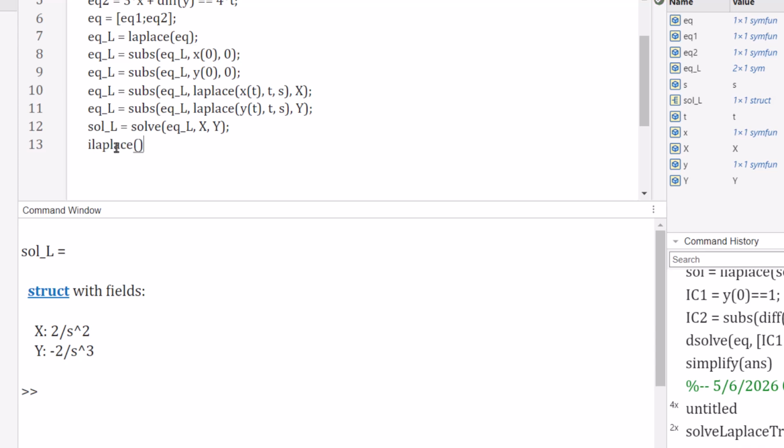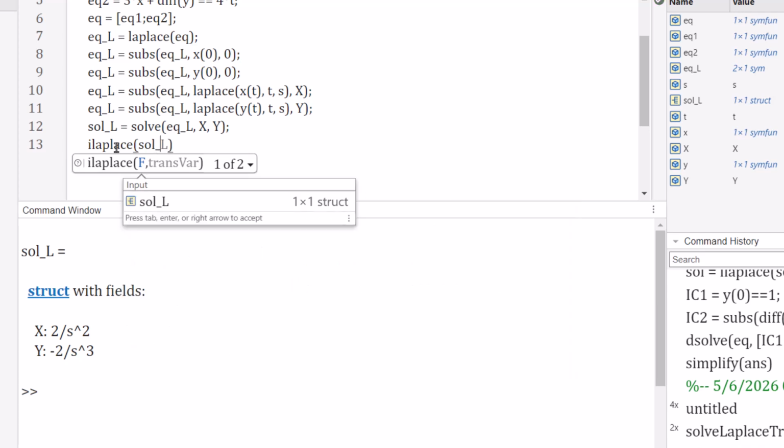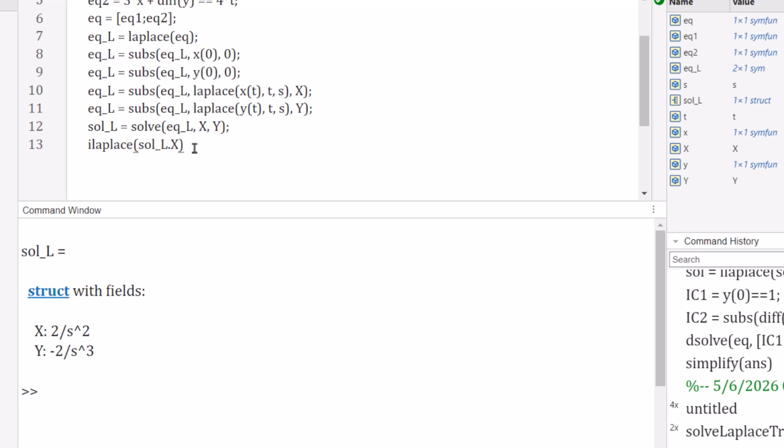So the ilaplace, or the inverse Laplace, of sol_L dot x is going to be my first solution, and the ilaplace of sol_L dot y is going to be my answer for y. So the first one is x of t, and the second one is y of t.